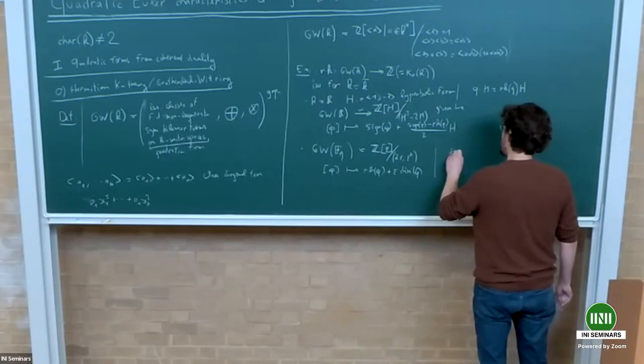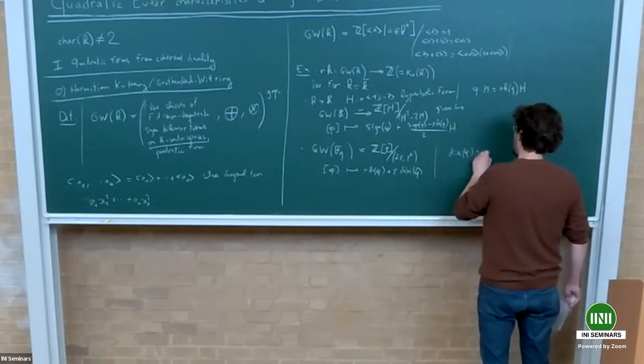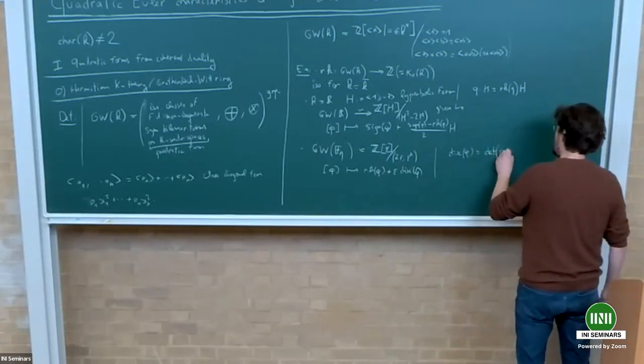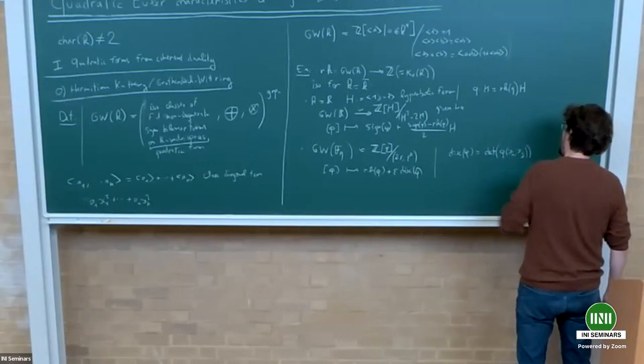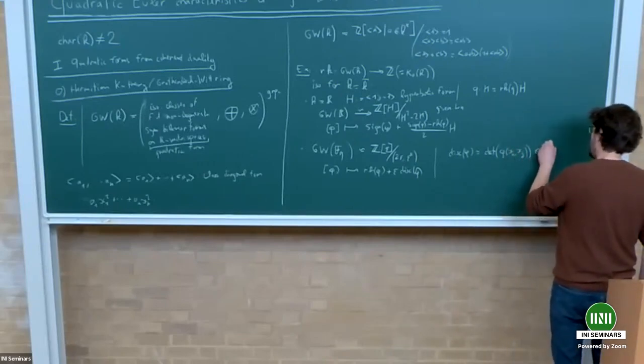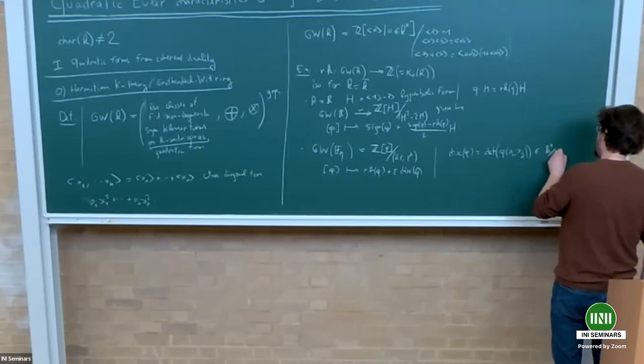So the discriminant of phi is the determinant of the matrix representing this form, and this lives in the square classes.